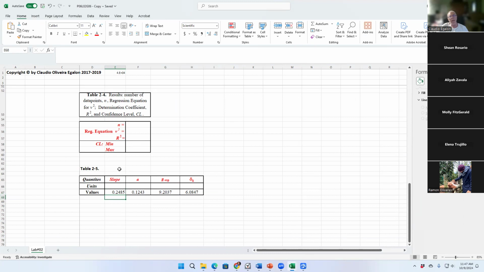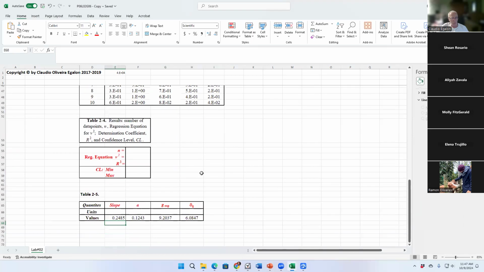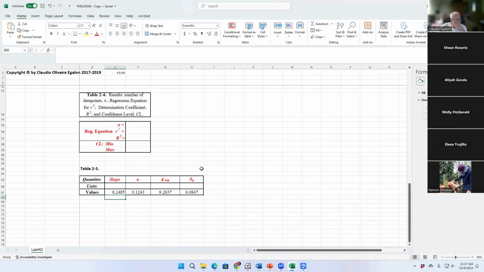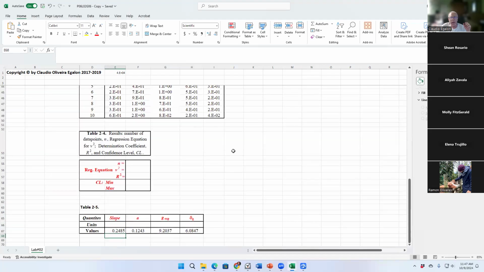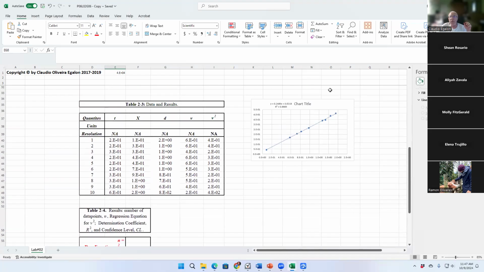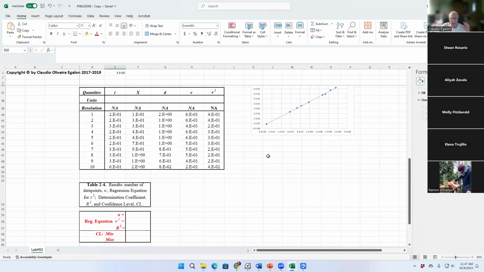So if we eliminate this, this is for you folks to have an idea what happens when you have outliers like that. But I want you to take into account every data point in your graph, okay, Alia? Okay, thank you. Keep the outlier in there. I'm not going to take out points because of that, okay?